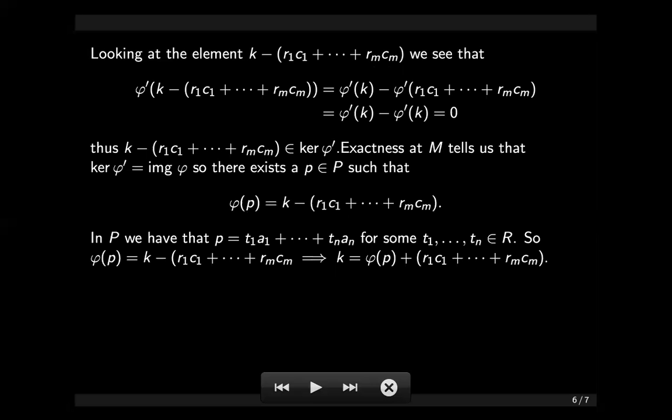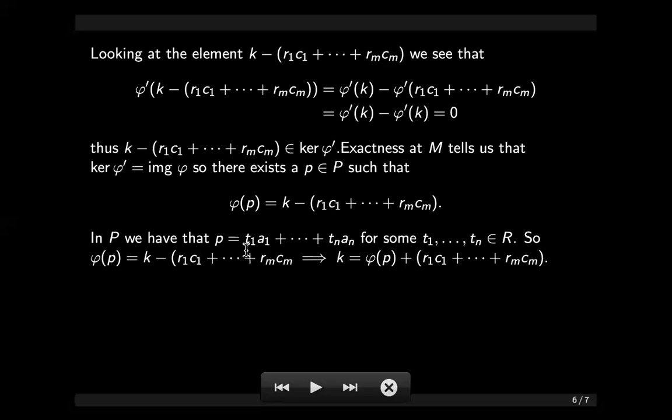Now, this is important because since we're exact at M, the kernel of phi prime is exactly equal to the image of phi. So there exists some p in P such that phi of p is equal to this element that we started off with over here. That's what exactness guarantees us.